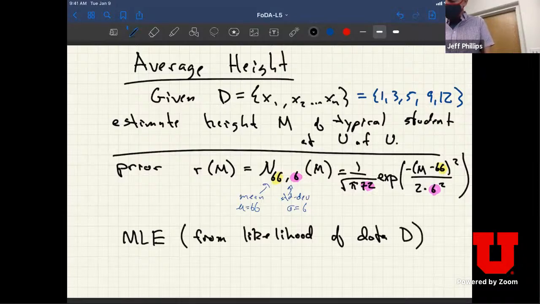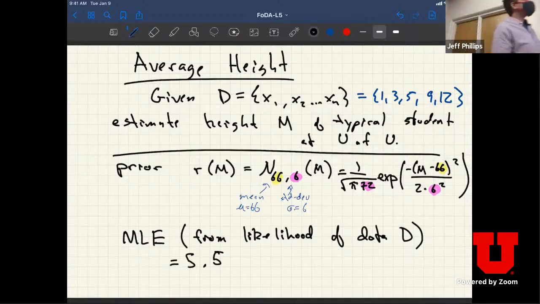I got an MLE estimate of 5.5. All right, so my prior was 66 and my MLE was 5.5.